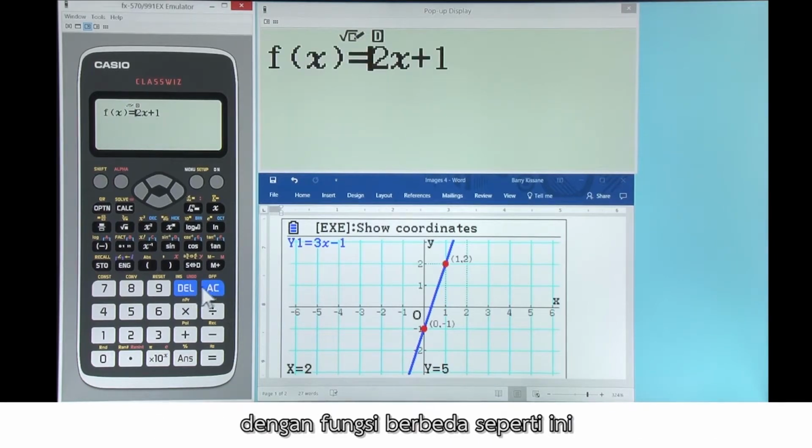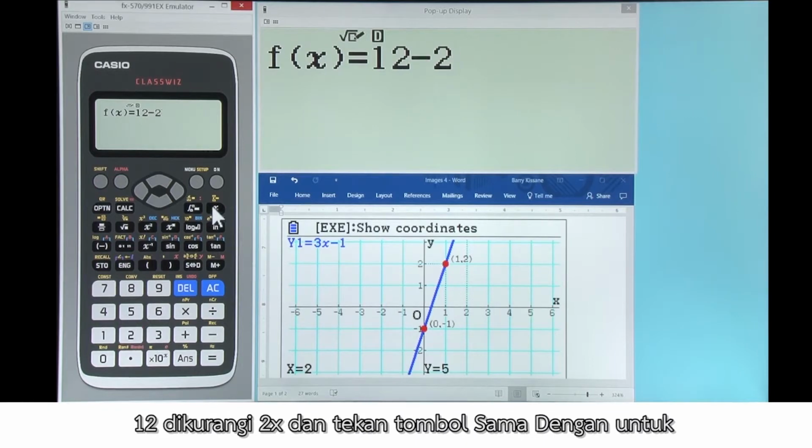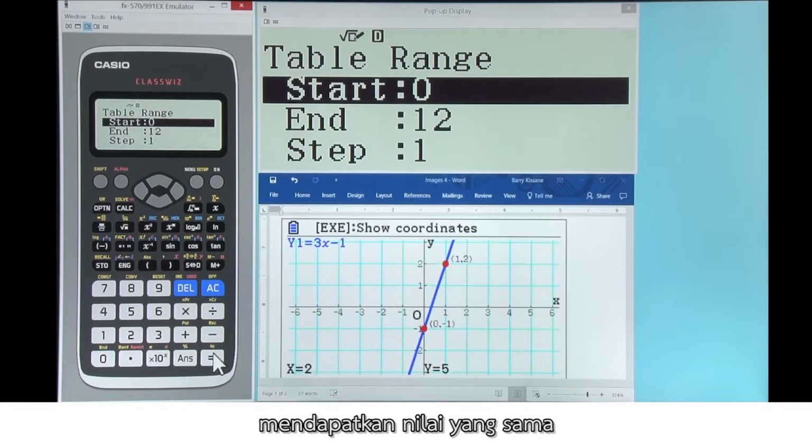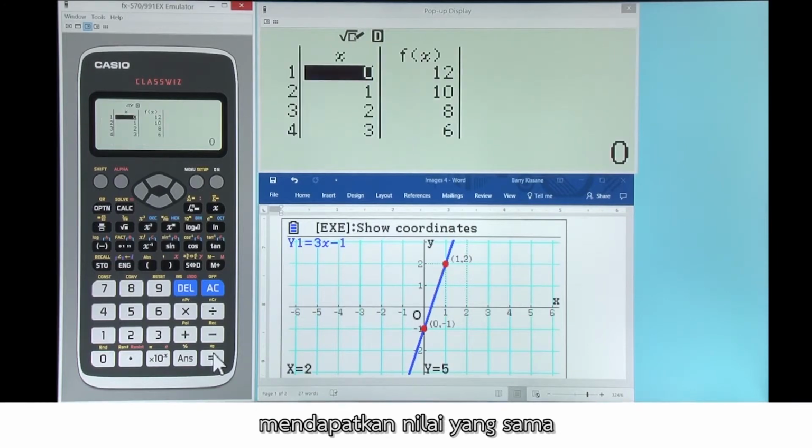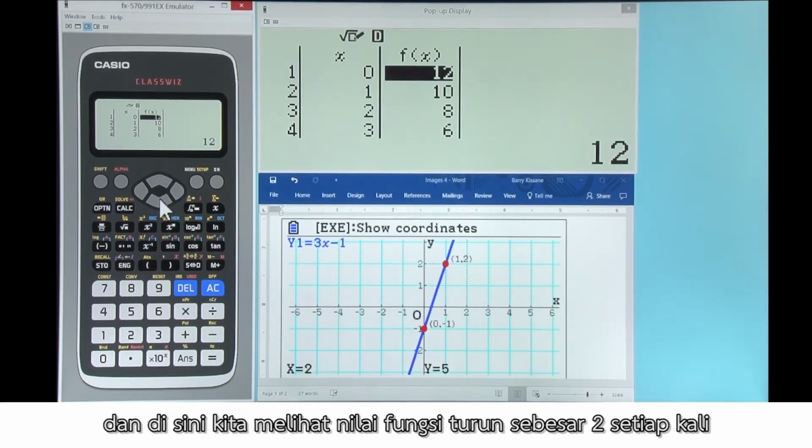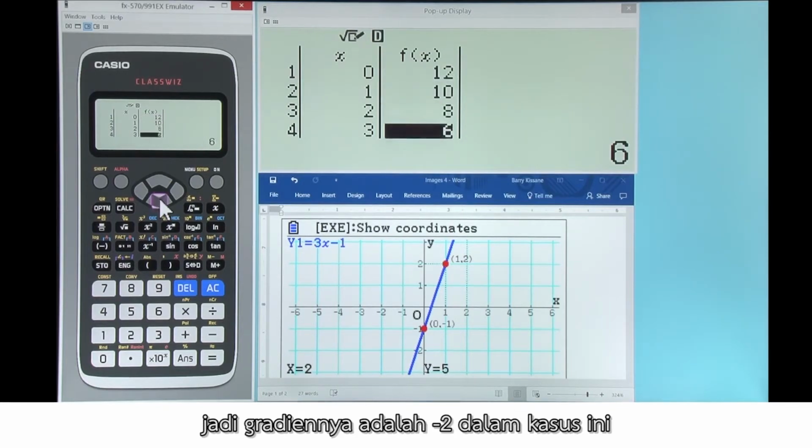We could change it to a different function like this one, 12 subtract 2x, and just tap equals to get the same values. And here we see the values of the function go down by 2 each time. So the gradient is negative 2 in this case.